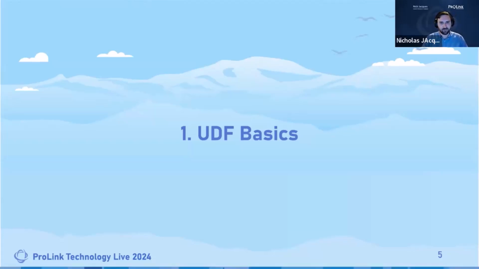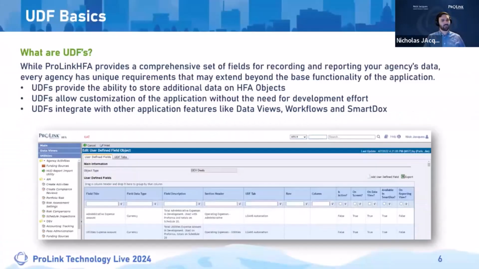Okay, so getting started with the UDF basics. What are UDFs? In short, UDFs are a way to add additional fields to ProLink HFA for the purpose of tracking data that is either not included in the application by default or is outside the scope of the common functionality of the application.